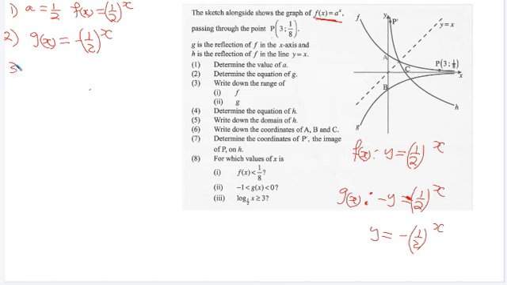And then number 3, write down the range. What is range? Range, we are talking about the y values. Now, the y values for f, this is our f. And remember, this is the asymptote.